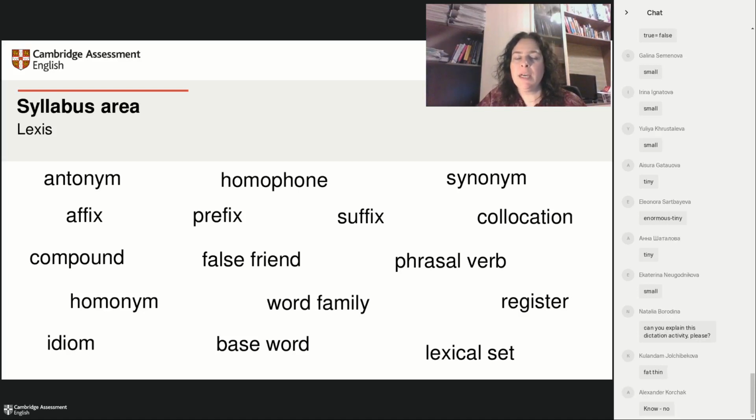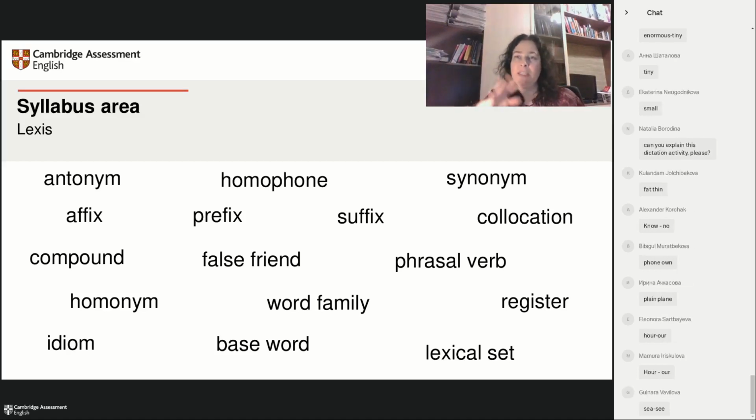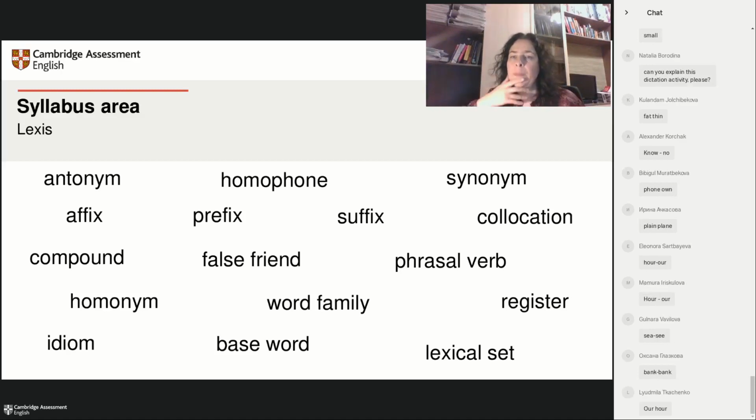Okay, the words that are, so homophones, the words that are pronounced in the same way, but the spelling might be different. Oh, good, great ideas. Okay, awesome.